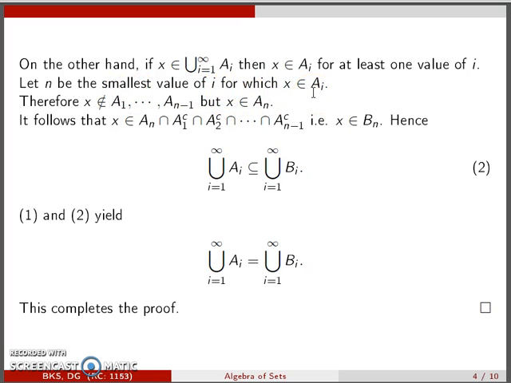That means all the previous entries A1, A2 up to An minus 1 will not hold x, but x will be in An and onward. That means x belongs to An intersection all these complements. In other words, x belongs to Bn. We started with x in this union, and we have found that x belongs to Bn for some n. That means this union is a subset of union of Bs. From the previous result, if we combine, we get the equality.